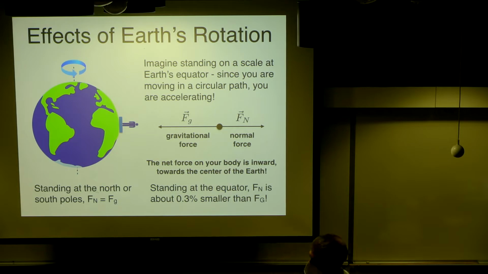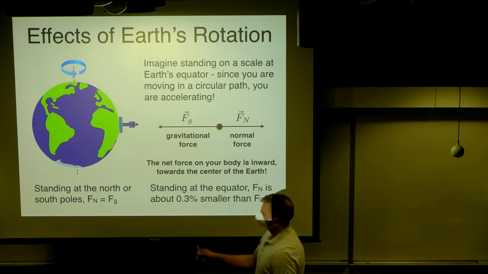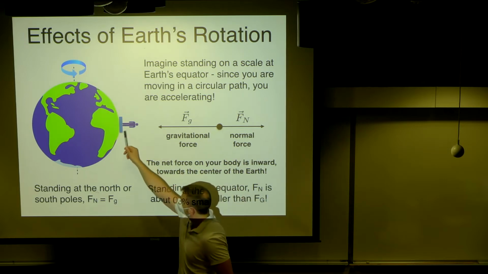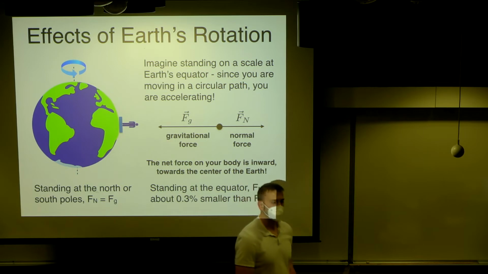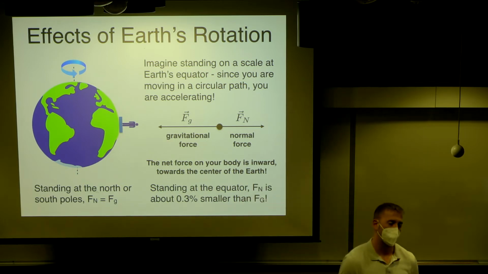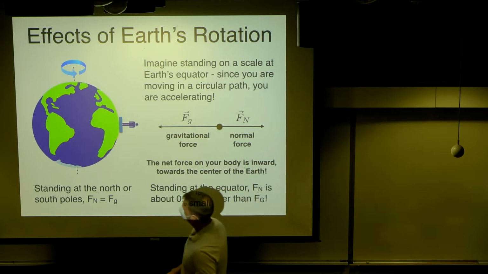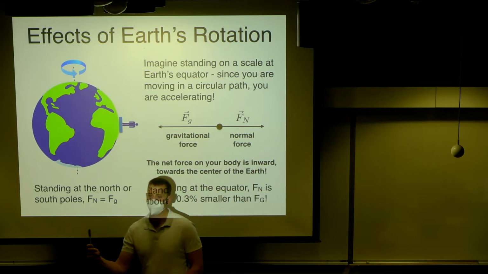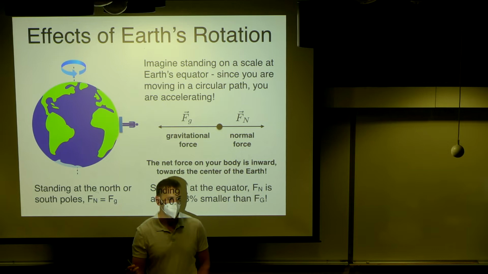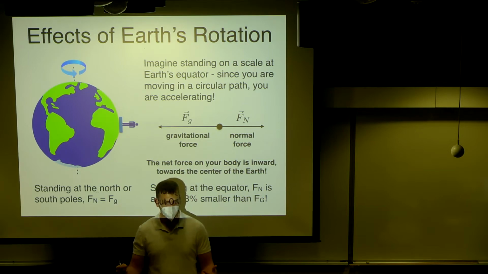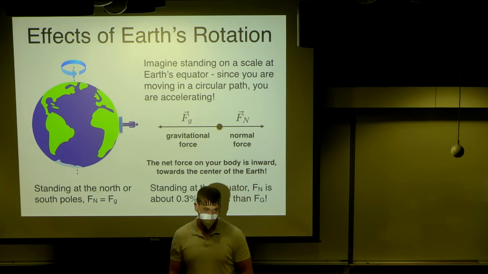So what I want you to imagine is that we're not on the North Pole, we're on the equator of the Earth, and we're standing on a scale. The reason I'm choosing the equator is because this is where you're moving the fastest in that rotation, because the Earth rotates on its axis once every 24 hours, right?